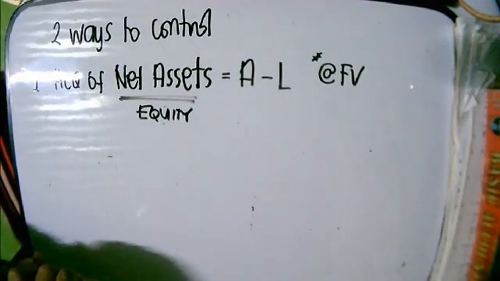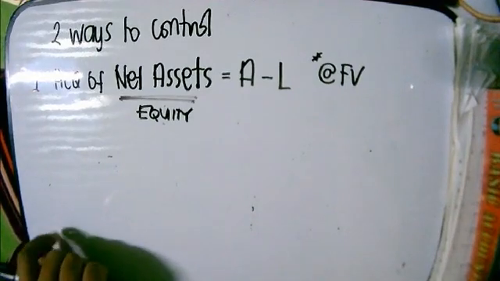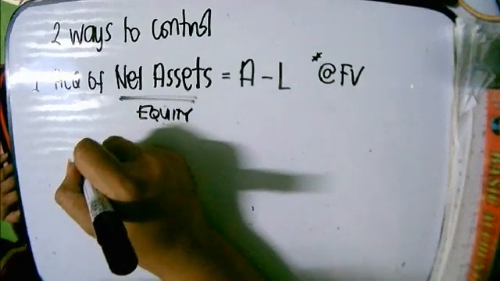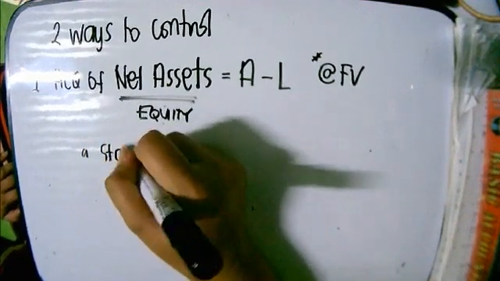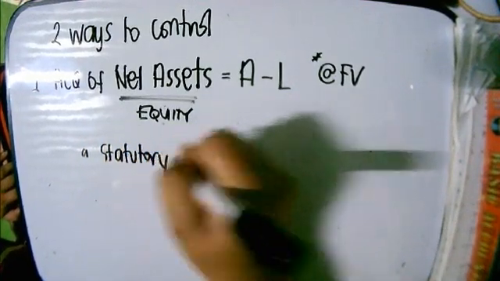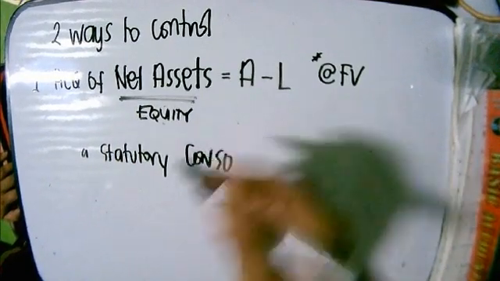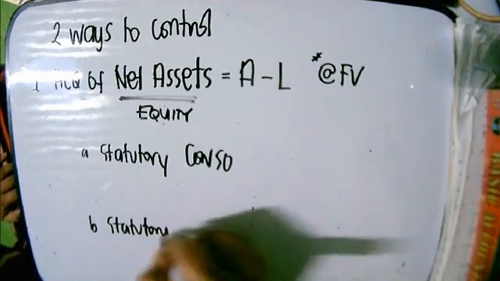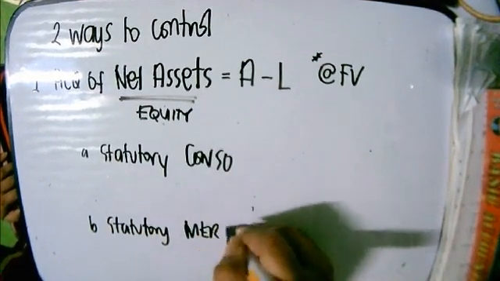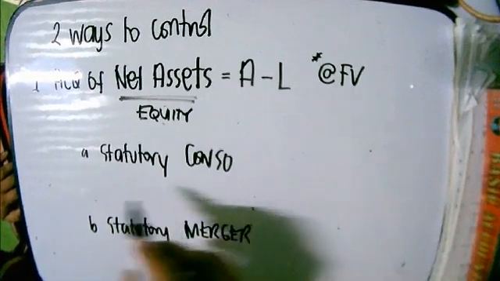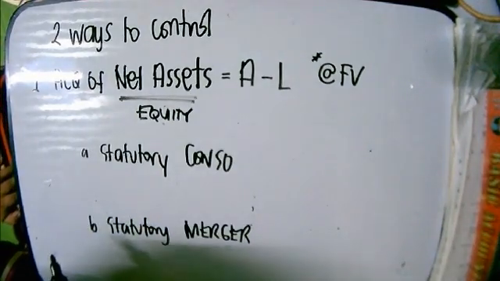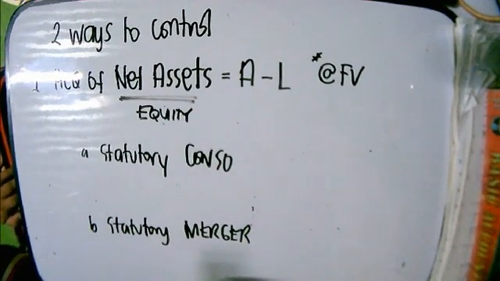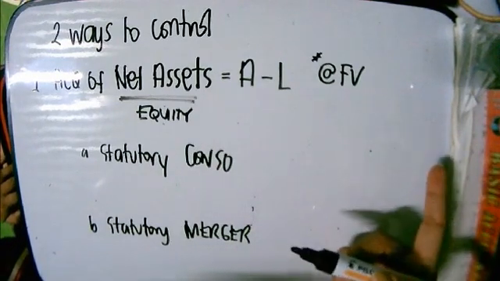Now, under acquisition of net assets, we have two types. Meron tayong tinatawag na statutory consolidation and meron tayong tinatawag na statutory merger. So, under statutory consolidation, nagko-combine yung dalawang entity.